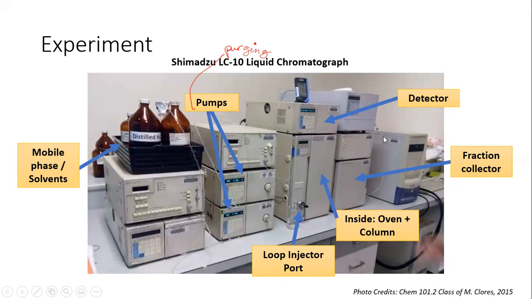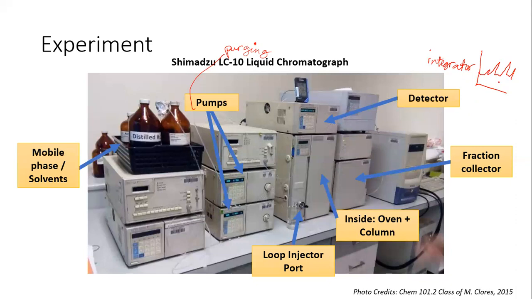If I remember correctly, yung ginagamit sa ASL na pang-collect ng data is an integrator. Okay, so medyo luma na siya. Hindi siya yung modern computer. So integrator, parang pinaplot niya yung chromatogram. Okay, tapos manual nyo siyang i-measure.